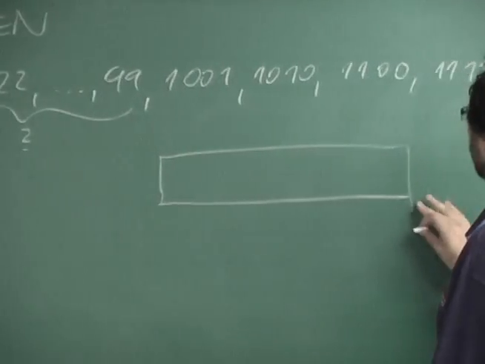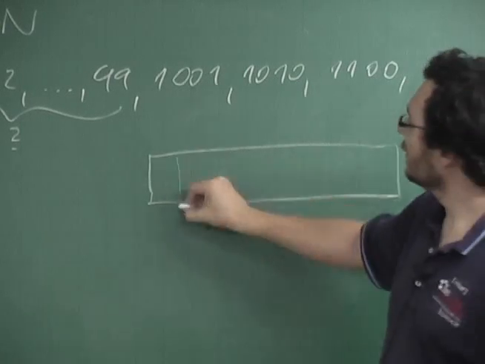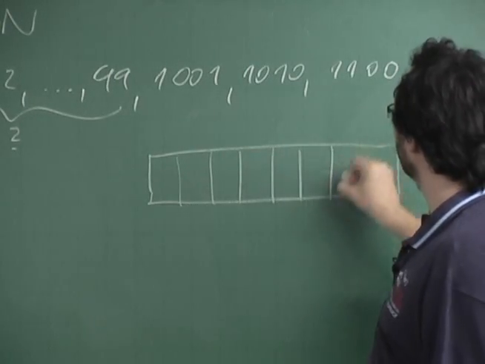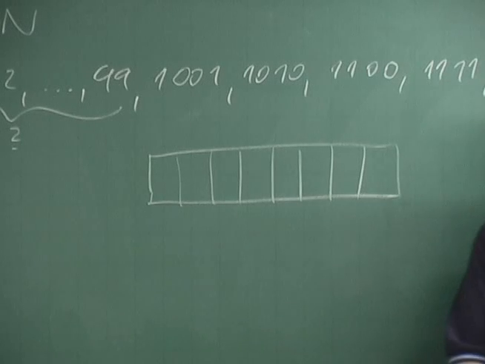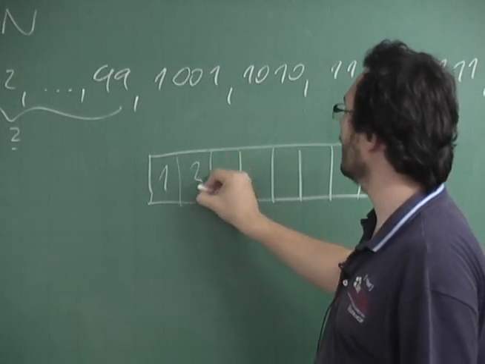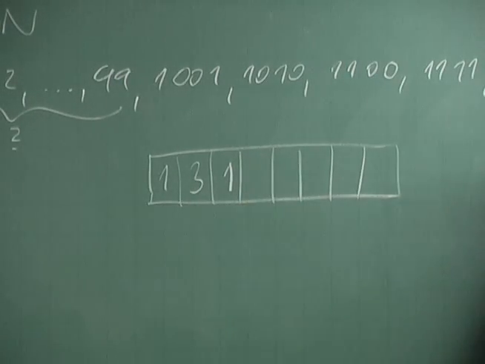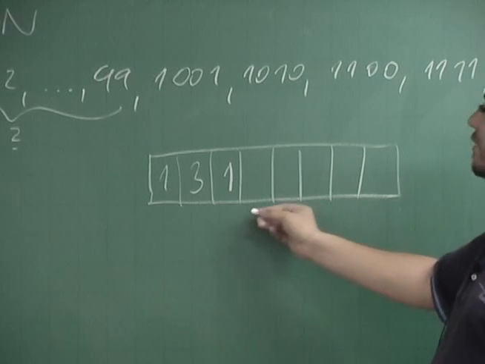So what will be the subproblems we will be asking? Imagine that we already know, for example, that we are looking for a number of length 8, and the first three digits in it are 1, 3, and 1. So how many such numbers are there?